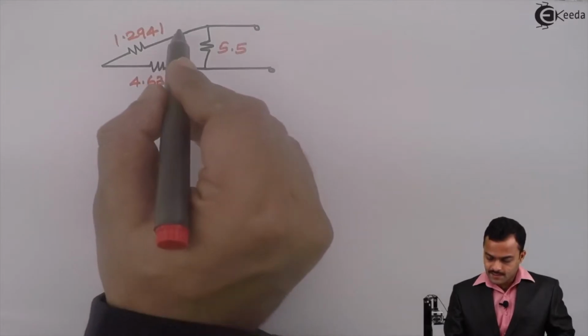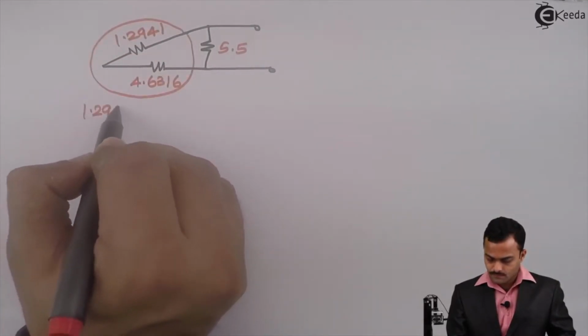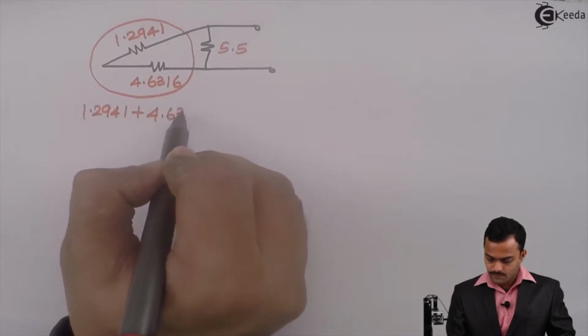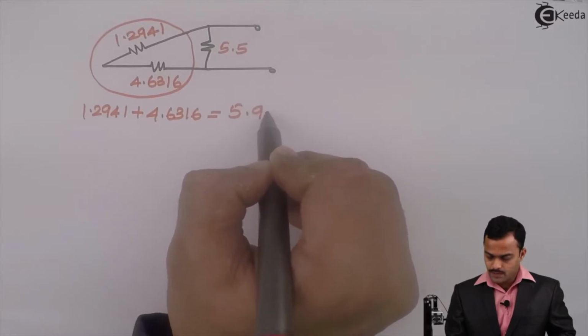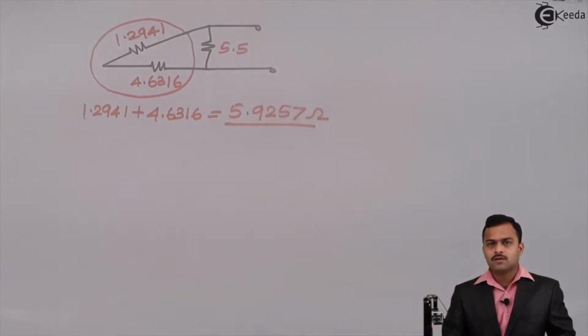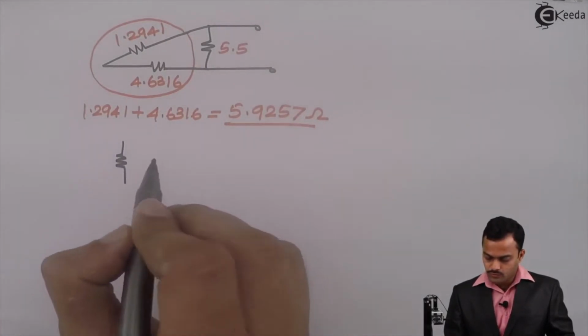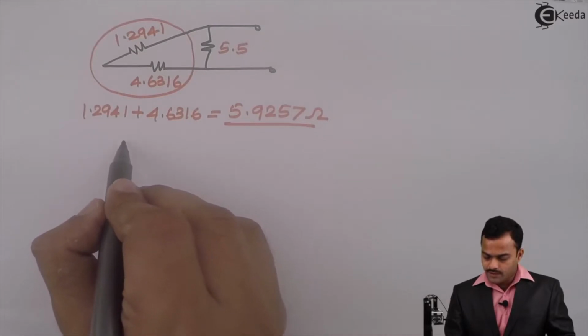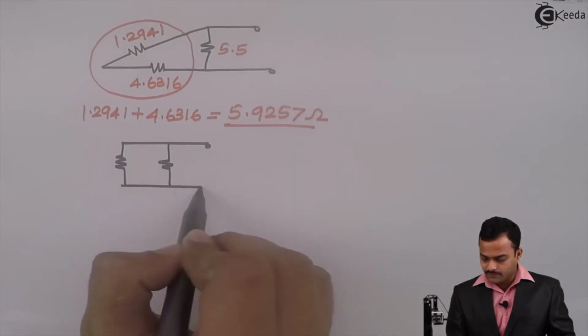Now I can say these two are in series, which will give the answer 5.9257 ohm. So if I read out the circuit, I will get 5.9257 parallel with 5.5.